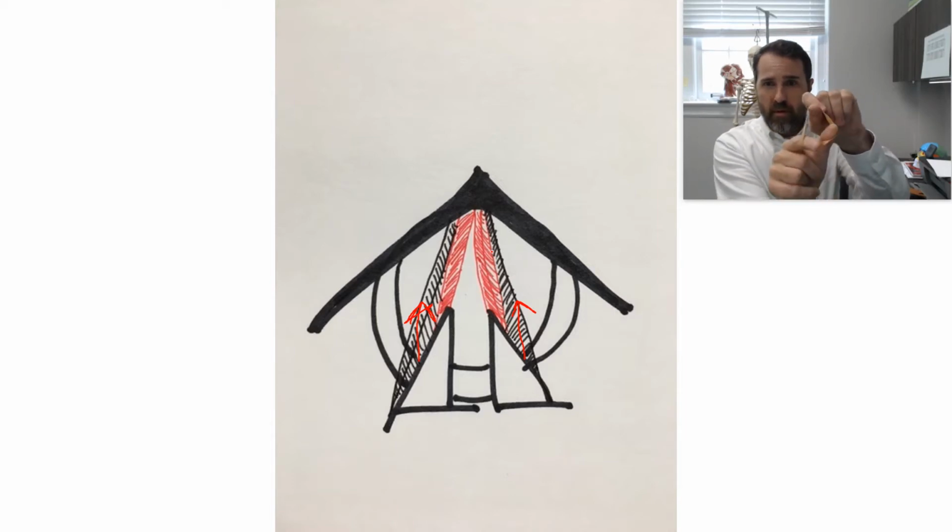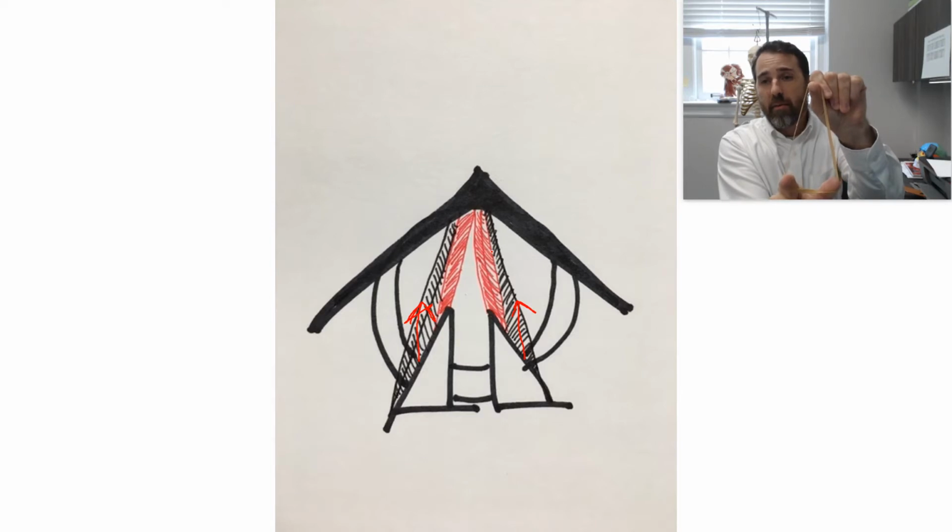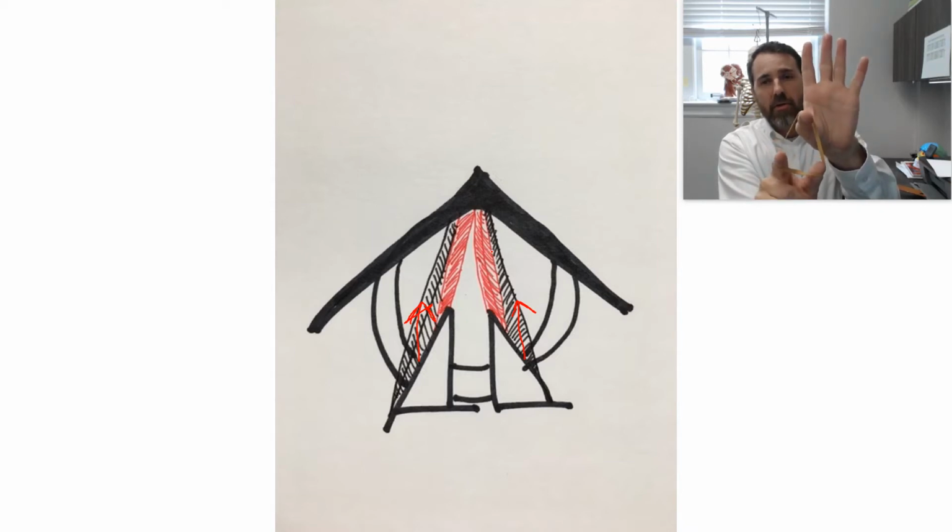So my thumb is the thyroid cartilage up here. My thumb and forefinger down here are the arytenoids. If my thyromuscularis contracts and pulls the arytenoids closer to the thyroid cartilage, you can see that the vocal folds are going to be looser.